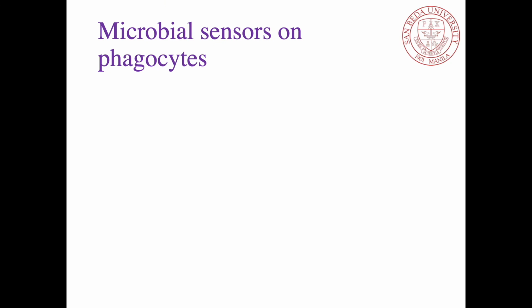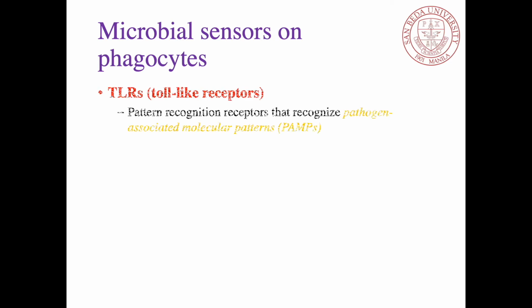Now, let's step back a little bit and focus our attention back on phagocytes. Phagocytes have these so-called microbial sensors. When a pathogen enters, let's say, a break in the skin, for instance, it is confronted by macrophages and other phagocytic cells possessing these microbial sensors. There are three major groups of these sensors. The first would be the TLRs, or the toll-like receptors.